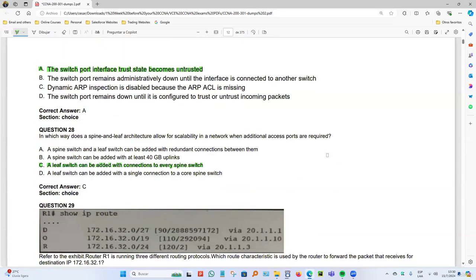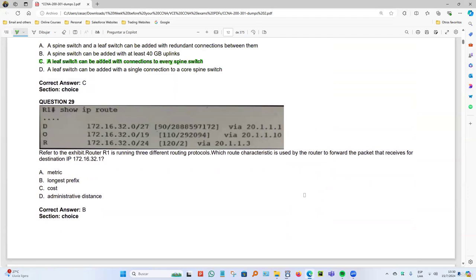Next question. Okay, look at the diagram. Refer to the exhibit. Router 1 is running 3 different routing protocols. We have, seems like, RIP, OSPF, and EIGRP. Which route characteristic is used by the router to forward the packet it receives for the destination 172.16.32.1, that is the IP address for the destination?